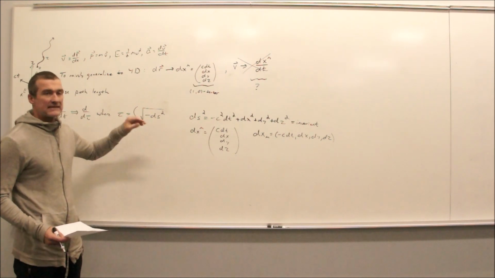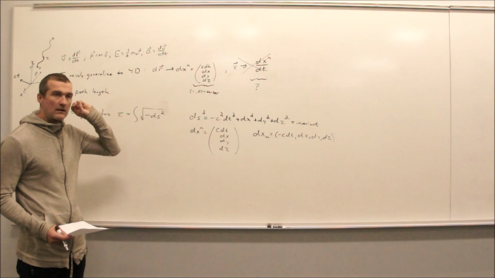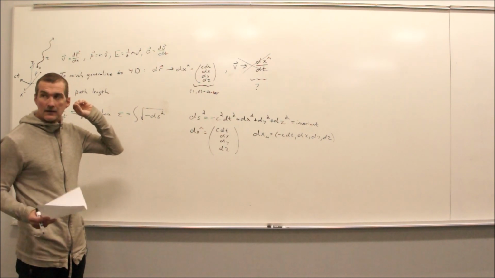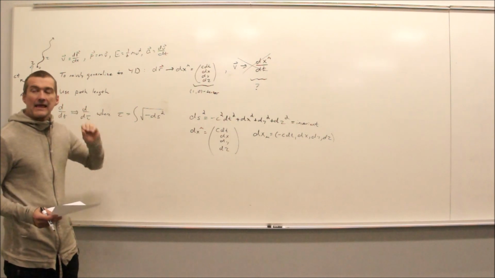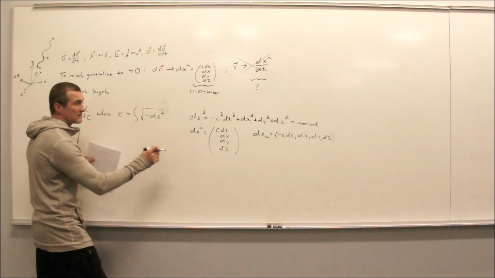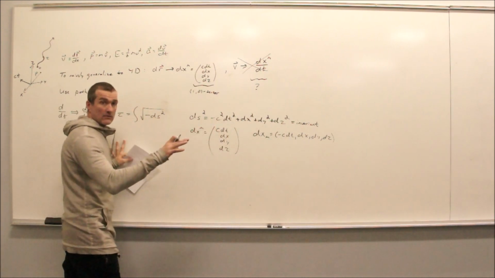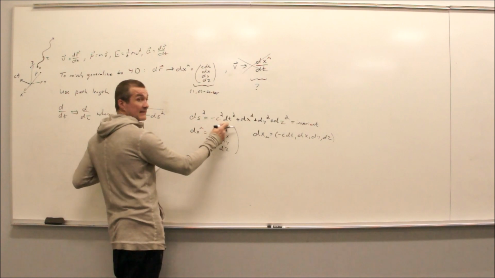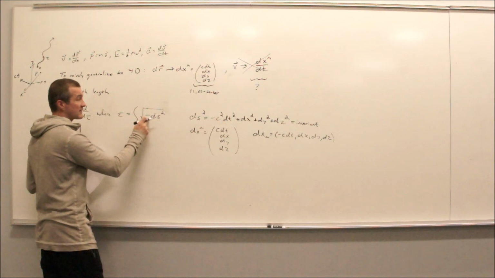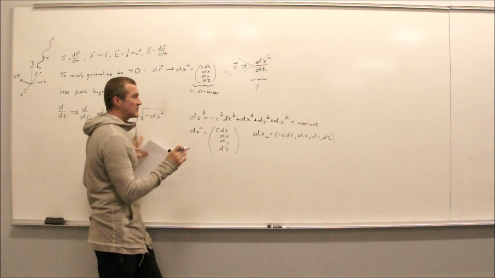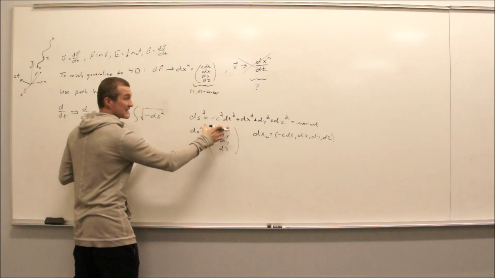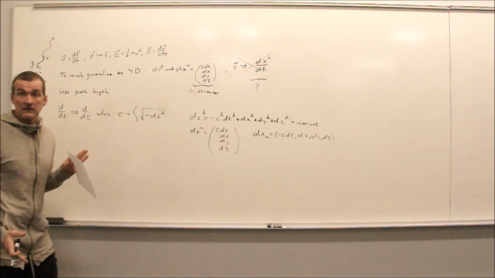Why am I using minus ds squared? Because you want to be positive as you move through time. Remember, you can just sit still so that dx, dy, dz are all 0. But dt will never be 0, which means that this thing is negative, and if I want a positive root, then I put a positive there. Now, this is interesting because could dx, dy, dz be so big that this thing actually ends up being positive?